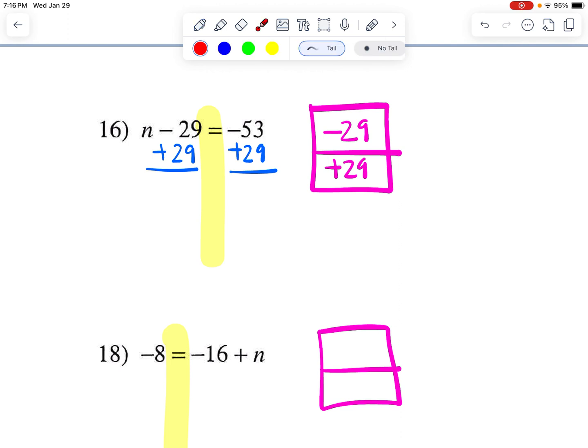As you can see, we have opposite signs right here to give us that 0, leaving us with n on the left, and negative 53 plus 29 would be 24. And that would be negative because we have more negative.